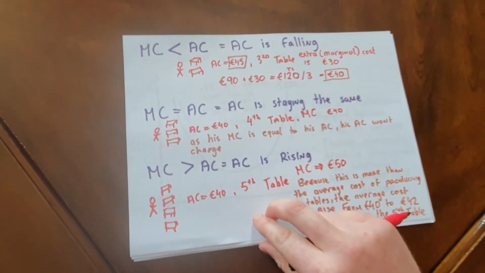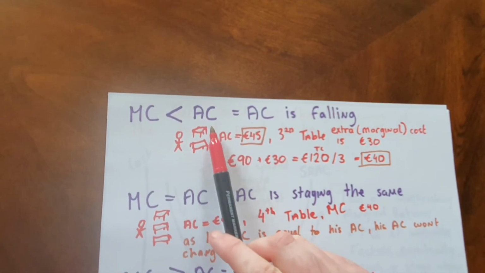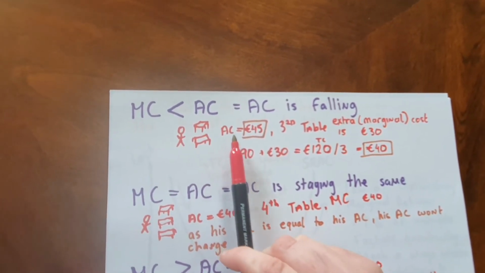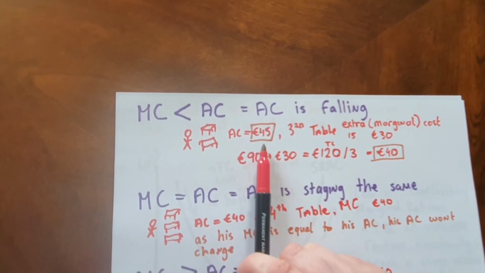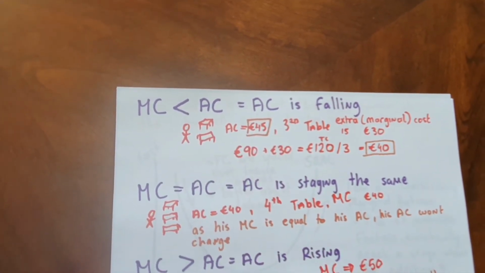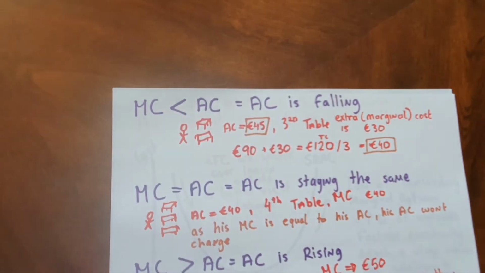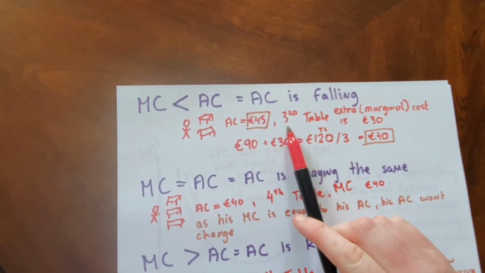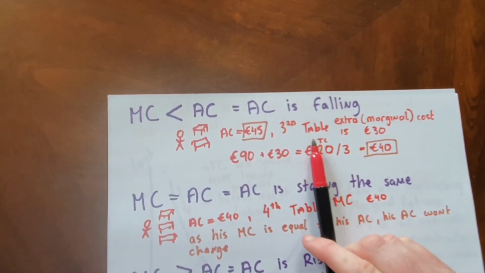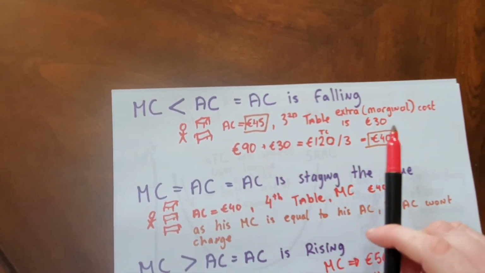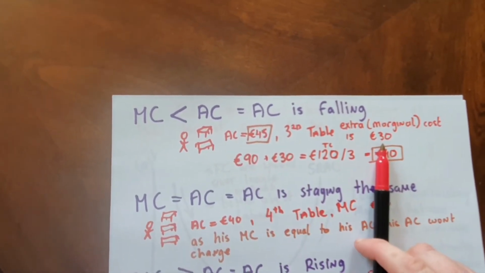An example of this: this is Tom. Tom is a carpenter and he makes 2 tables. His average cost is €45, which means that his total costs to produce these 2 tables are 90. Tom is considering building a 3rd table. He knows that the extra, or marginal, cost to produce that 3rd table is €30.